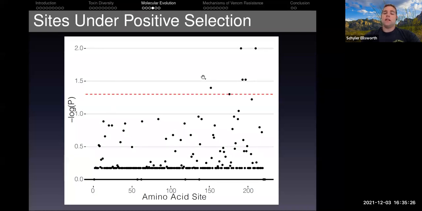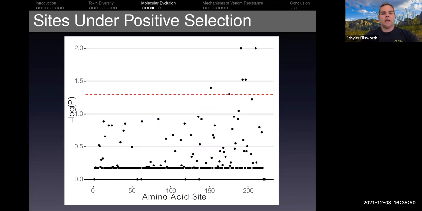I was able to identify 5 different sites here that were evolving under positive selection across this entire protein. And these 5 different sites you can see occur over about a third of the protein. This was some exciting results because we are detecting this evidence of positive selection like we would have expected in this protein group.